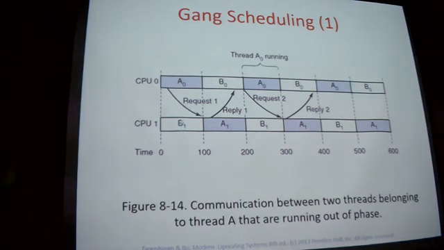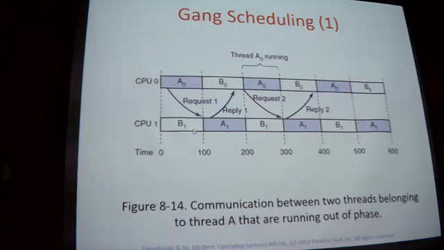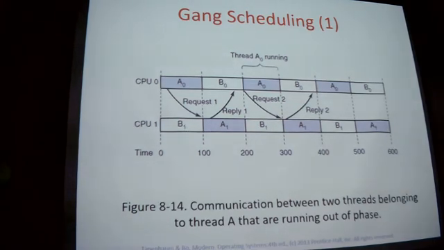Because if we first run A1 and then B1, when the request arrives, A1 is blocked because its time has gone. We just allocate 1000 timestamps for one thread. So the order must be B1 A1, not A1 B1. There is a delay.